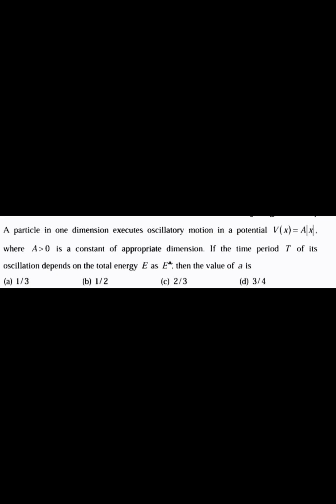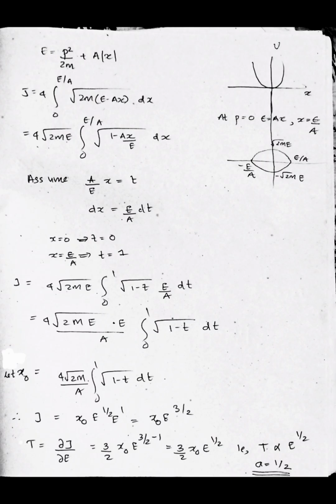The potential V is given as Ax, so the total energy can be written as E is equal to P square by 2m plus A into x. The graph of the total energy can be drawn like this.